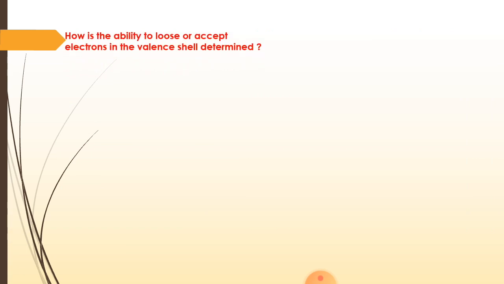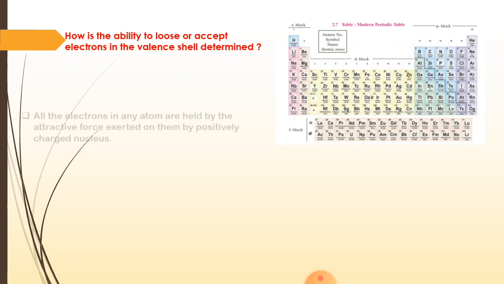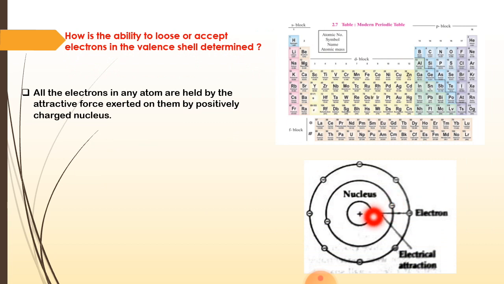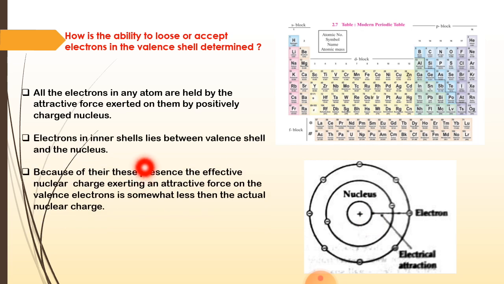How is this ability to lose or accept electrons in the valence shell determined? Let's see. All the electrons in any atom are held by the attractive force exerted by the positively charged nucleus. Electrons in the inner shells lie between the valence shell, which means the outermost shell, and the nucleus.